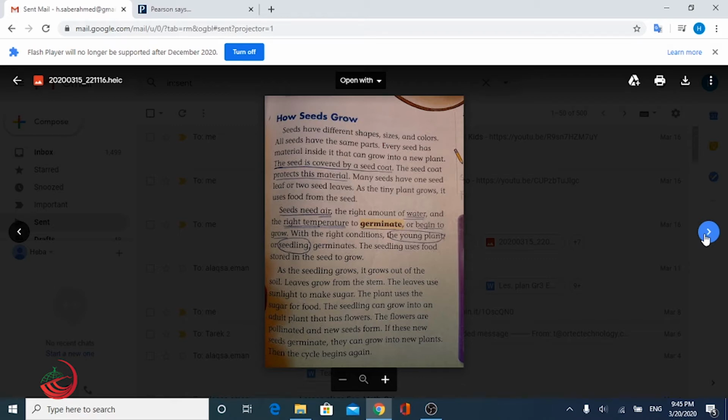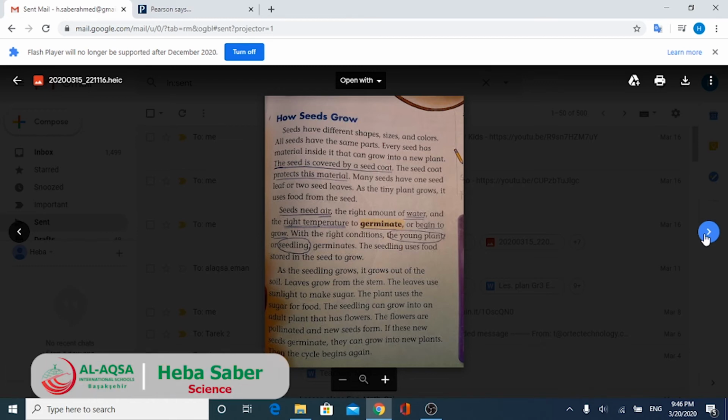I want you to review the highlighted words. They are very important. Till now we learned about reproduce, pollen, pollinate, pollination, and the new word of today is germinate. Germinate.